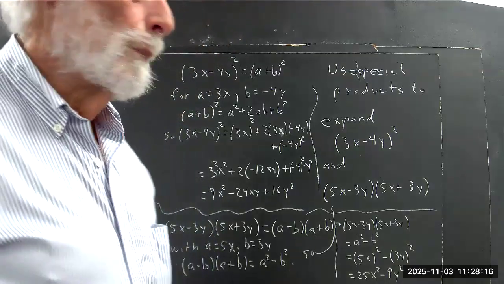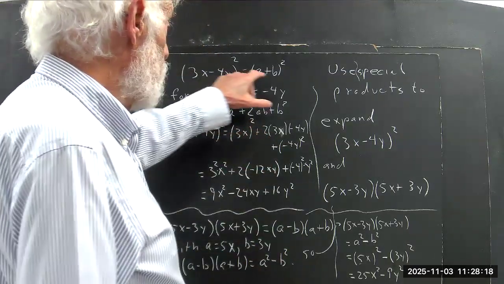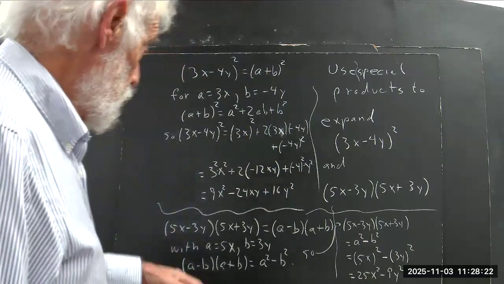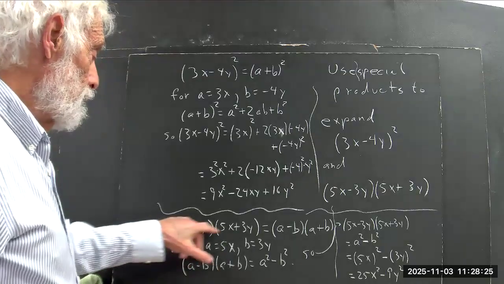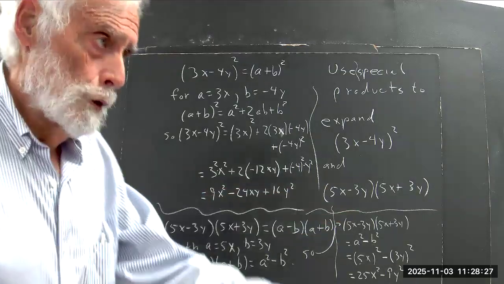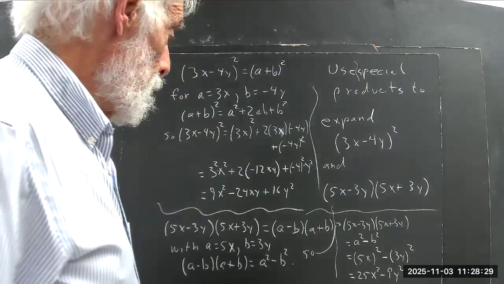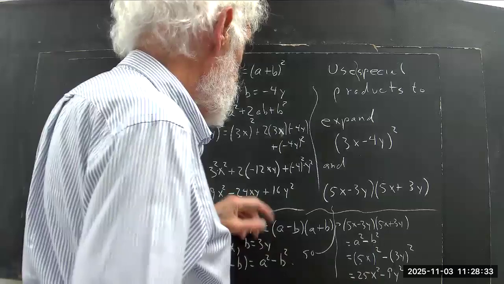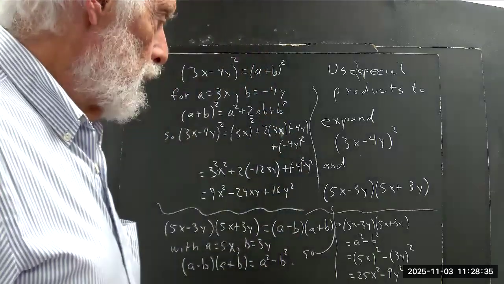So the point is not so much that you can square this thing, although it's handy to be able to do that, or that you can do the product of a difference and a sum of 2 terms, but so that you recognize these forms.